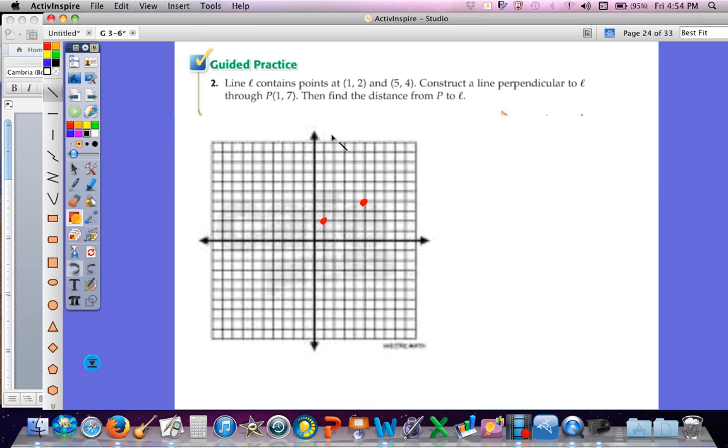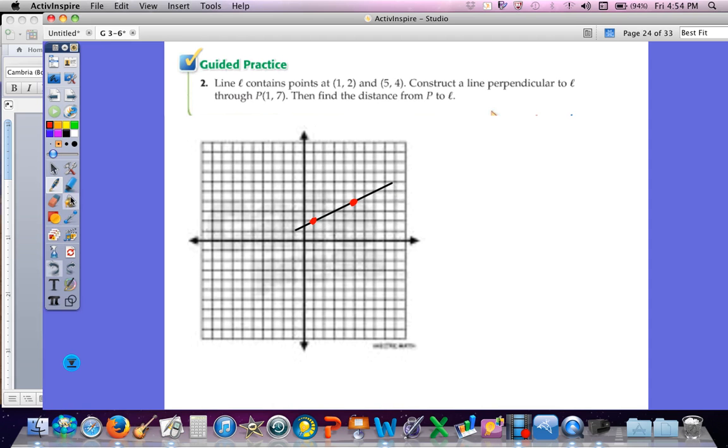And there's a line going through it. That's the line going through it. Okay? Now, we want to construct a line perpendicular to L through the point 1, 7. 1, 2, 3, 4, 5, 6, 7.